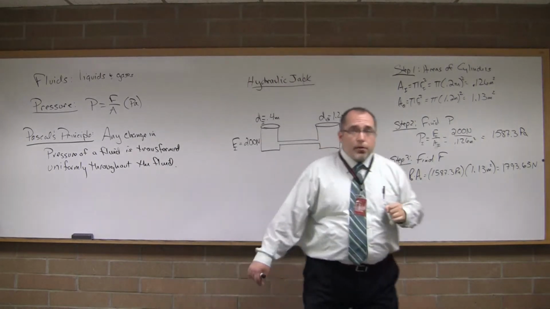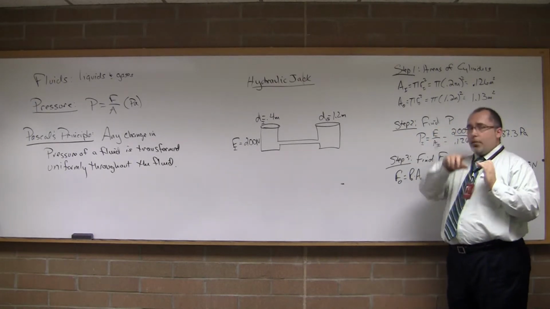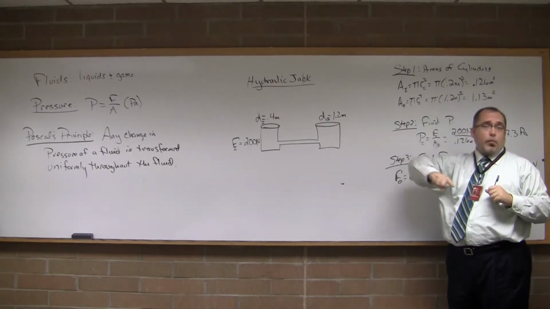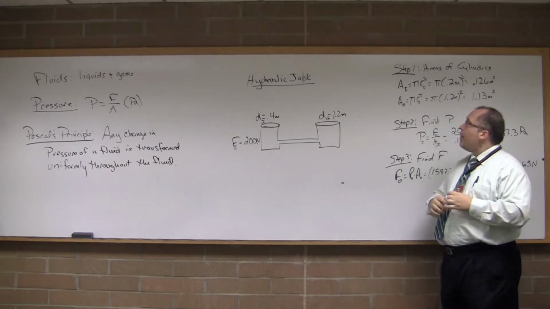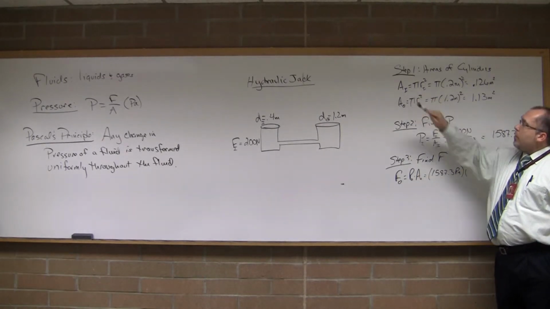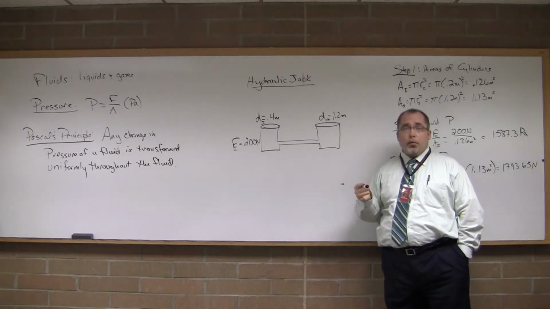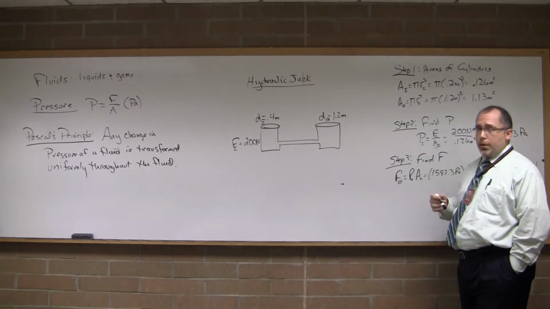Step one is to calculate the surface areas of the cylinders. Since these are cylinders, they're circular, so the surface area is the area of a circle, which is pi r squared. Notice I went ahead and did both of them here. For the input cylinder, the diameter is 0.4 meters. We need the radius, so we cut that in half to get 0.2 meters.